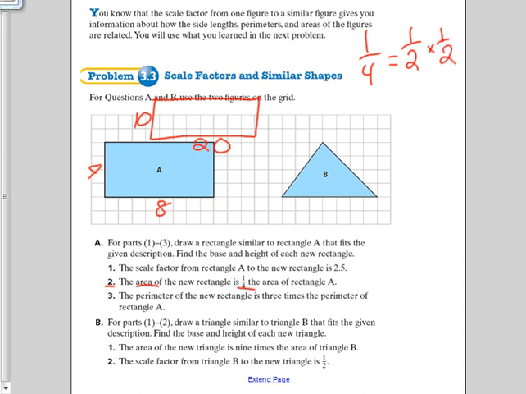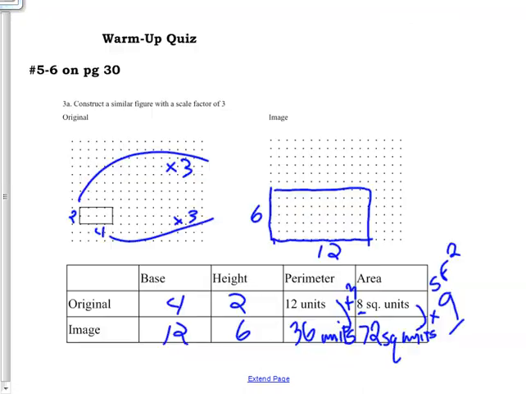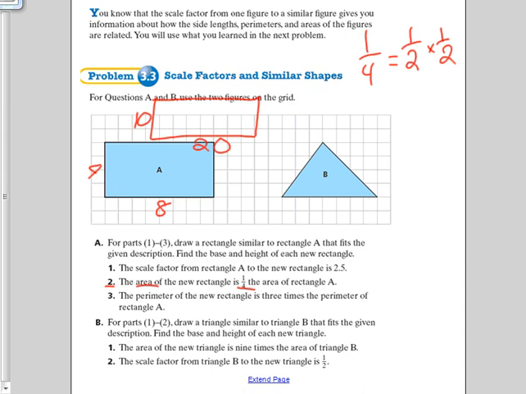Well, back on the previous slide, I just said that for area, that's scale factor squared. So if I know that 1/2 times 1/2 is going to be 1/4, that right there is my scale factor. So I want you right now to draw a new rectangle on graph paper. That's going to be at a scale factor of 1/2.